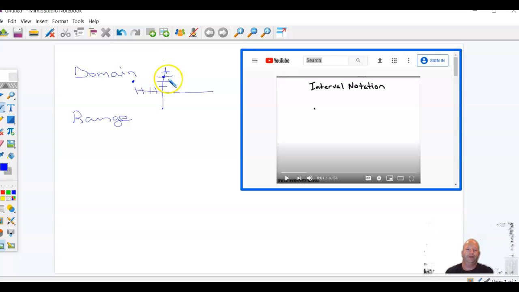And then let's say that it switches directions there at 0 and it goes down to 5, negative 3. So we have this line, that one, and this one.